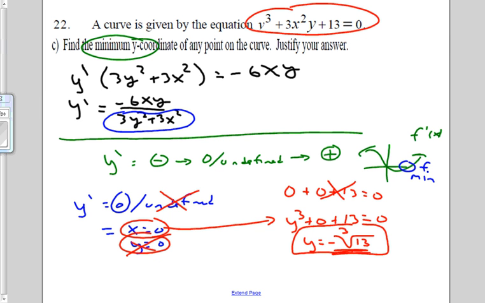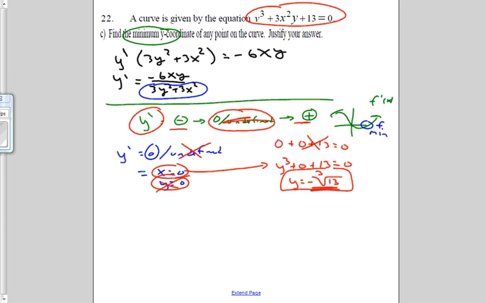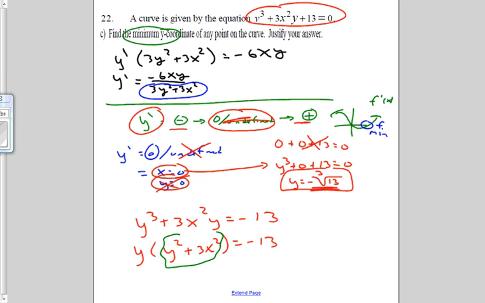In other words, that we're going from a negative value to being 0 or undefined, in this case 0, to then having a positive value, that my derivative is doing that. So in order to do that, we need to do a little bit of algebra here. If we go back to our original equation and re-express it with the 13 over there, and then factor out a y, we know that the inside, because of our squares, is always going to be positive.